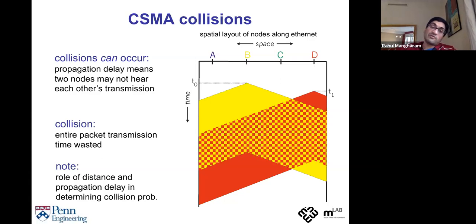On a wired network, you can detect each other, and what you can do then is to say, hey, if I detect that you're going to transmit, then I just terminate the packet earlier over here, and I say I'm not going to send anymore, and I'm going to stop transmitting in that time, right? But in a wireless network, I can't listen to the channel at the same time.